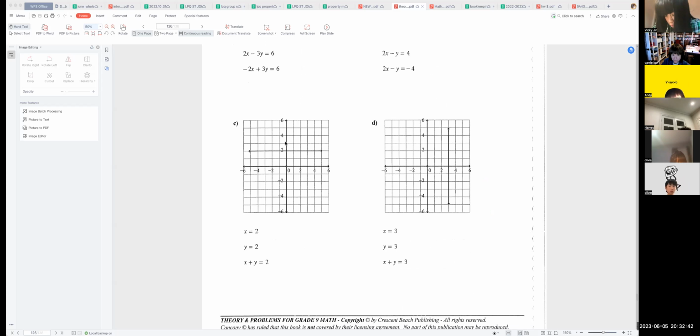X equals 2. X plus Y is equal to 2. No, that will be 3, right? X plus Y will be equal to 3. But it can't be the middle one, right? Yeah, it can be the middle one. It will be the third one, right? Yeah, maybe X plus Y equals 2.